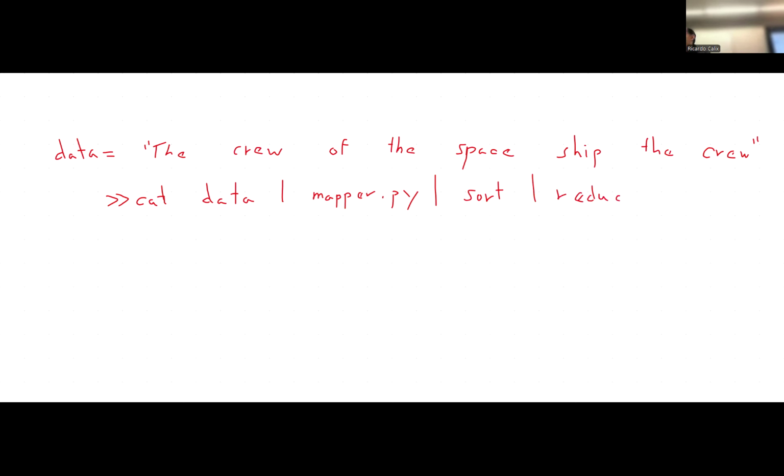So we're going to have to write the mapper.py code and the reducer.py code, if that makes sense. Yeah, go ahead. The sort is a built-in function in Linux. So we're going to take advantage of a script in Linux to do some of these. Okay? Everyone with me? So that's the idea.